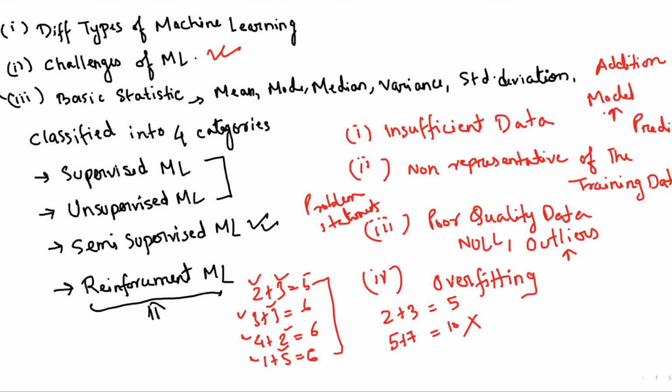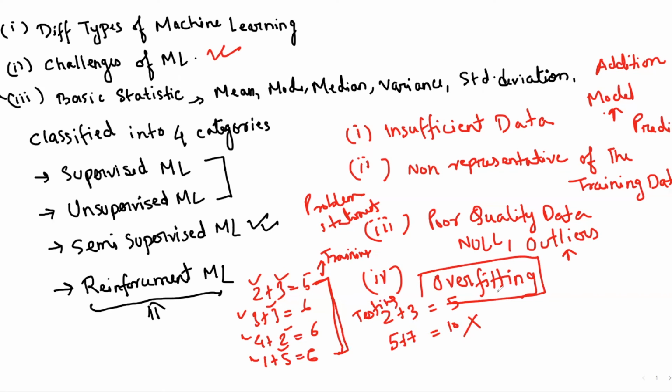That means the model has learned everything in the training data by heart. It didn't try to understand the hidden logic, how addition actually works. It only understood the training data, and it fails on testing data. This is what is called overfitting.